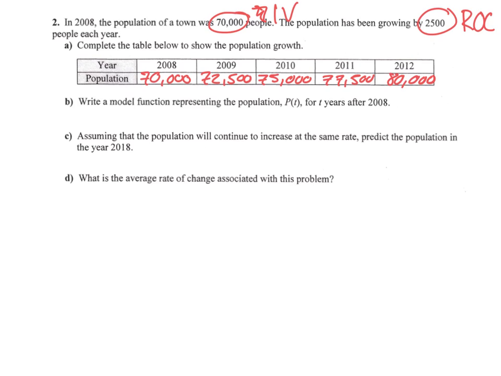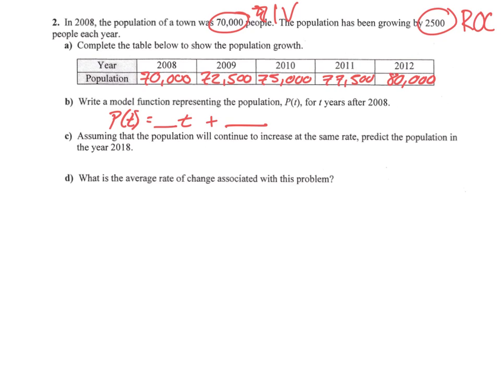Write a model function representing the population P of t for t years after 2008. So P of t equals something times t plus something. What goes next to the variable? 2,500.